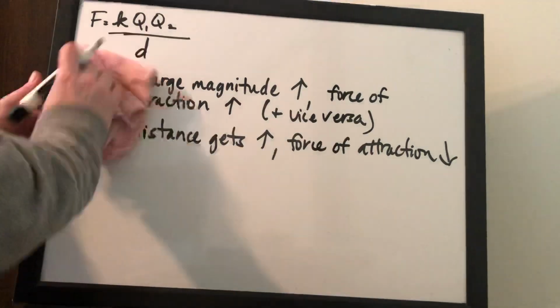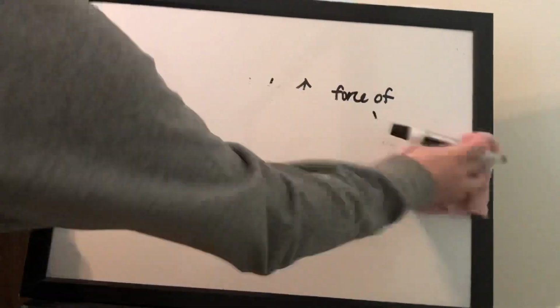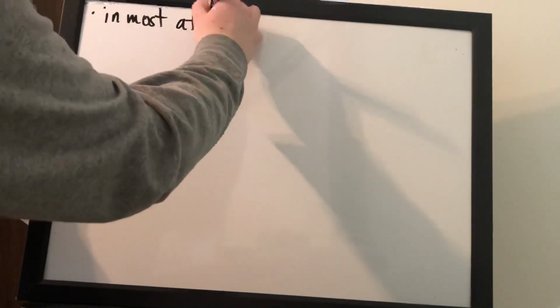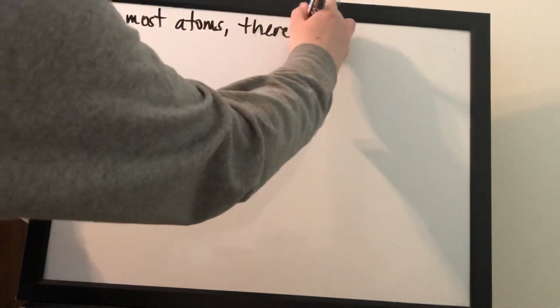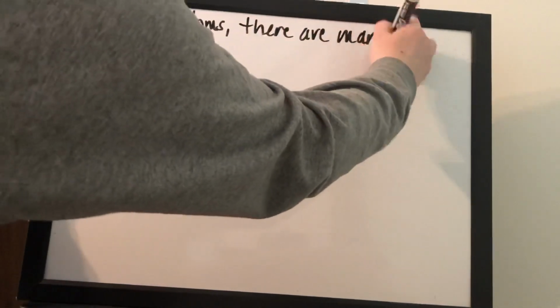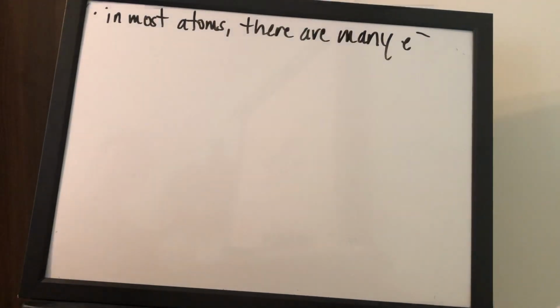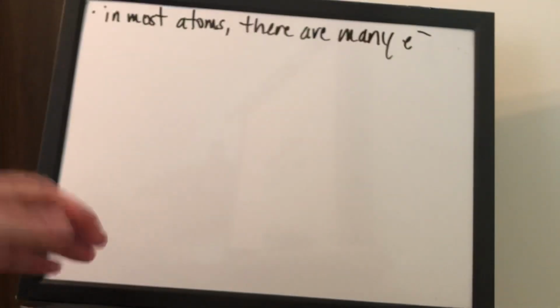Okay, so now we're going to get into this idea of effective nuclear charge. So what we have to think about is that most of the time we're not just talking about a hydrogen atom, with one proton and one electron.